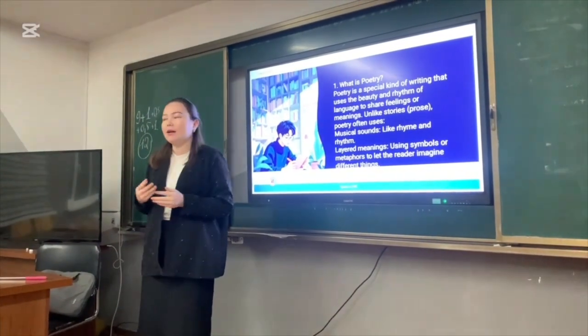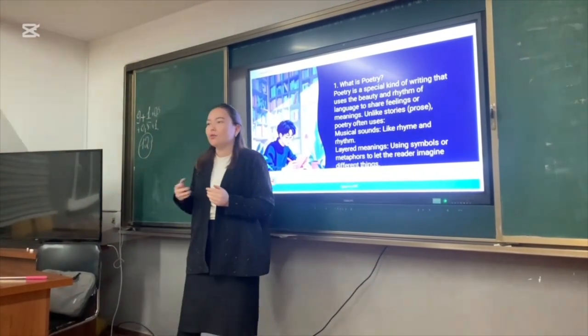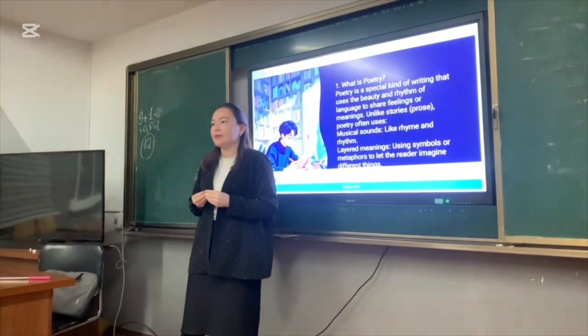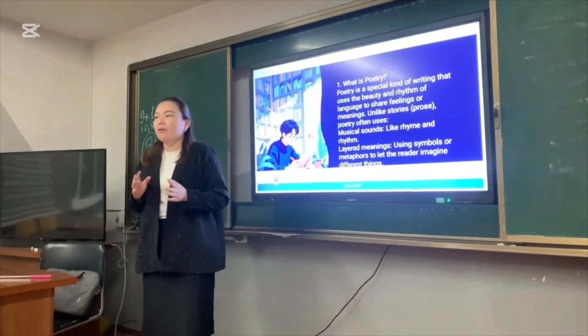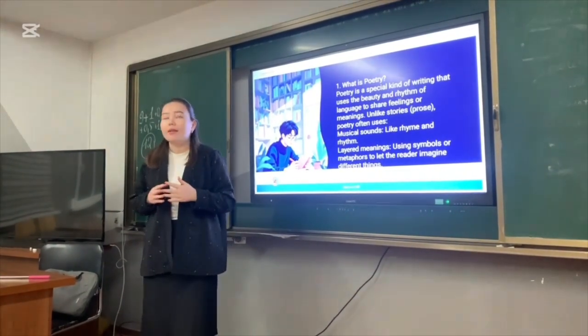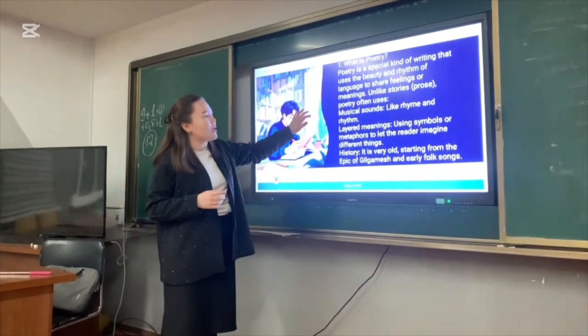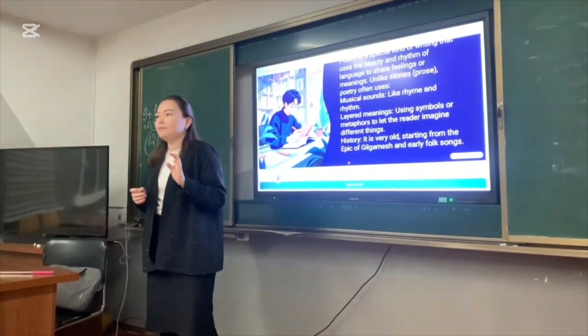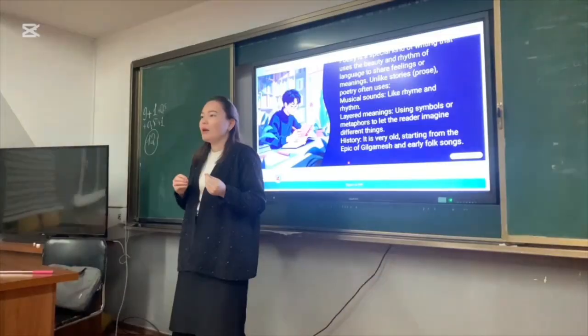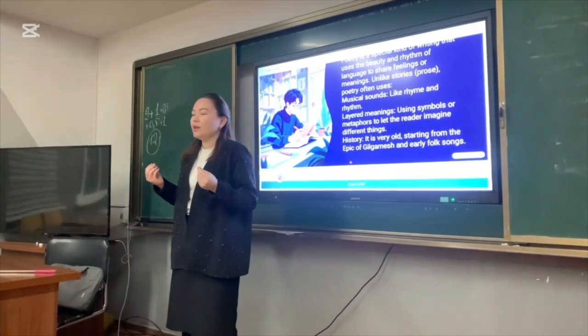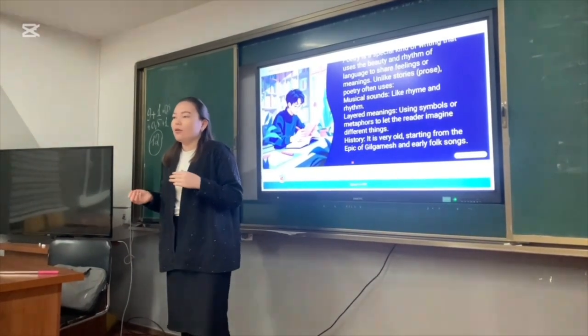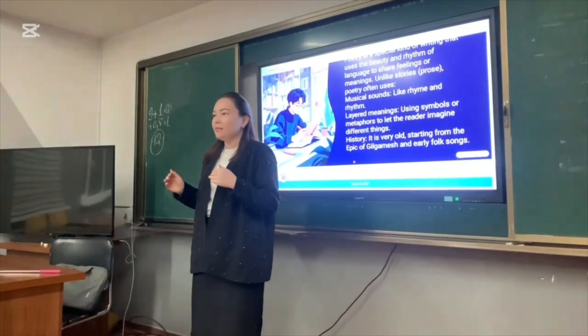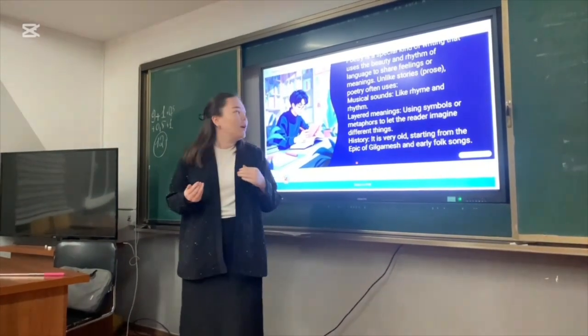Poetry, in our Uzbek language, is a specific kind of writing which includes lyric and rhythm. And poetry often includes several things. First is musical sound, and musical sound also includes rhythm and rhyme. Rhyme in our Uzbek language is kafiye.